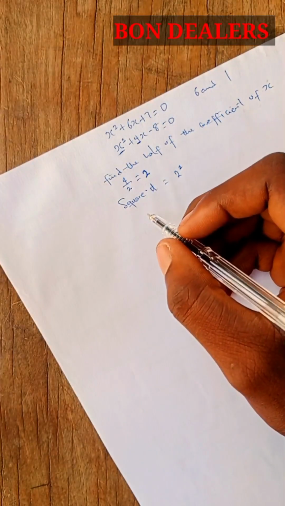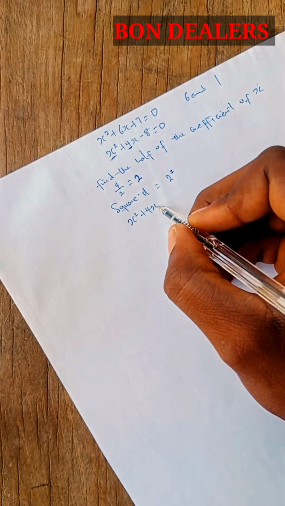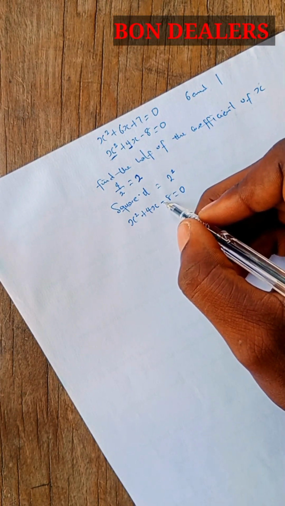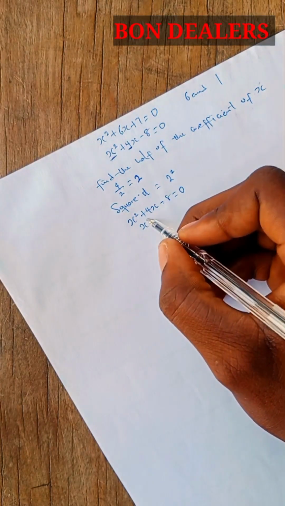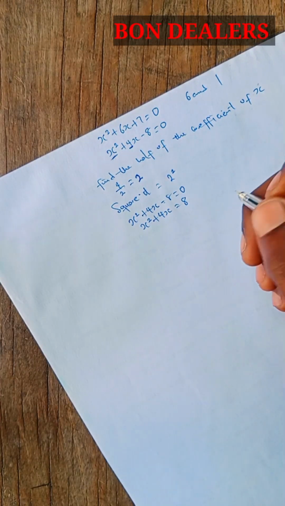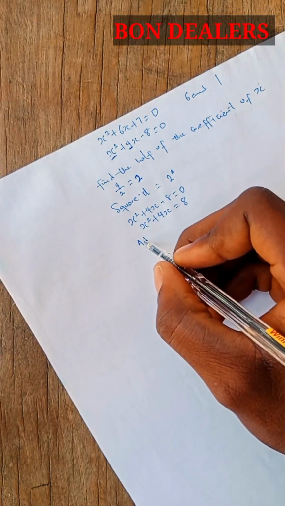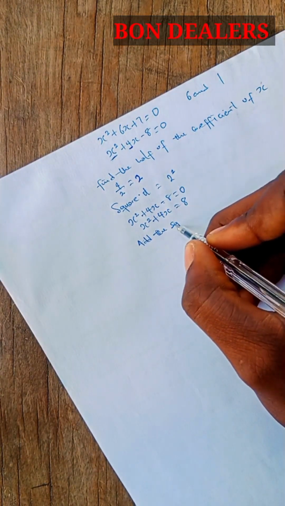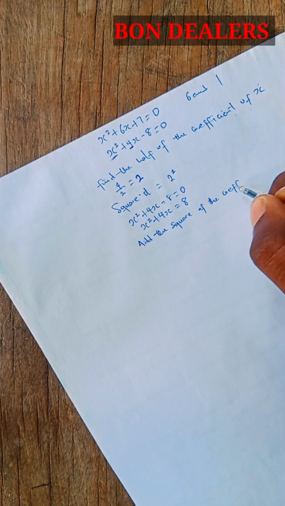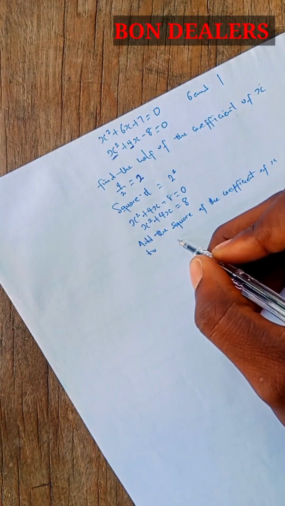You now come back to your equation where you have x squared plus 4x minus 8 equals 0. The next thing you do is transfer this minus 8 to the other side, and you have x squared plus 4x equals 8. After you transfer it to the other side, you add the square of the coefficient of x to both sides.